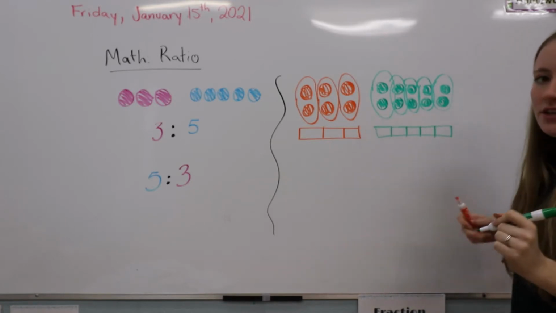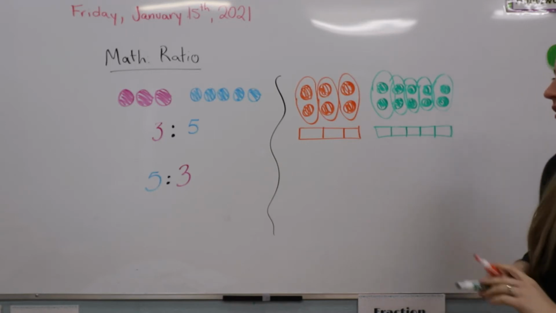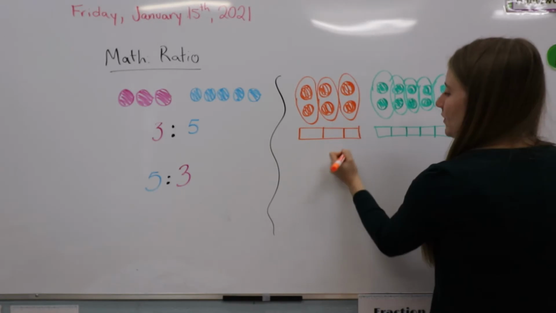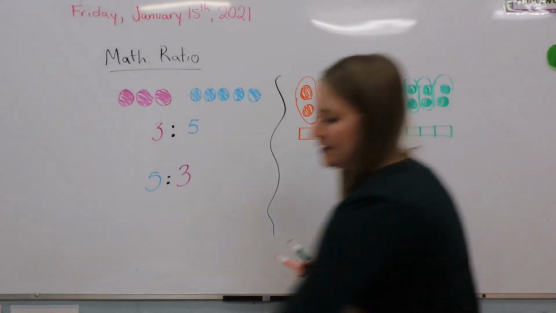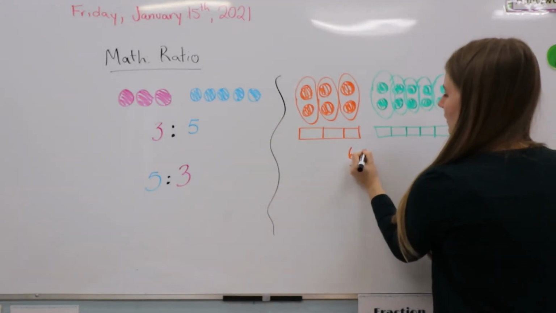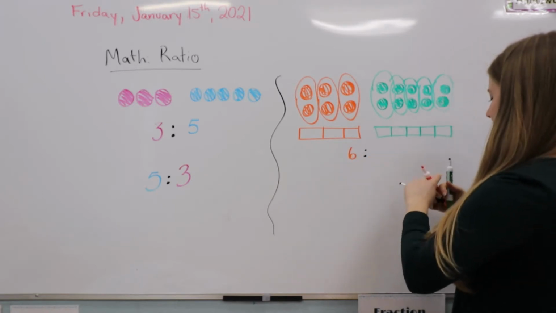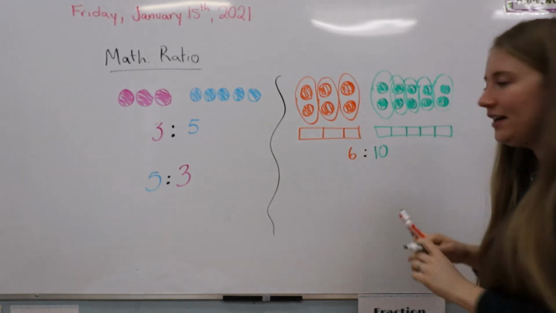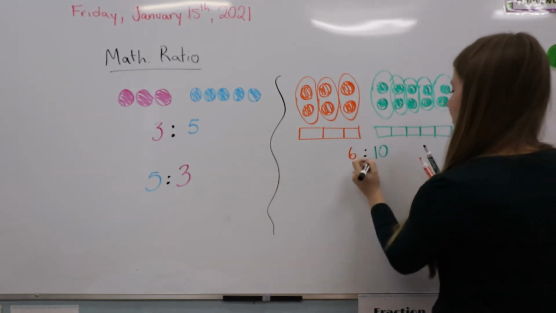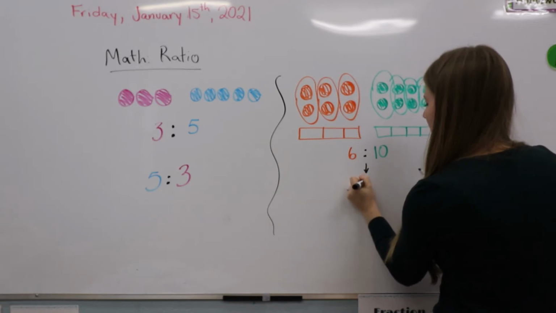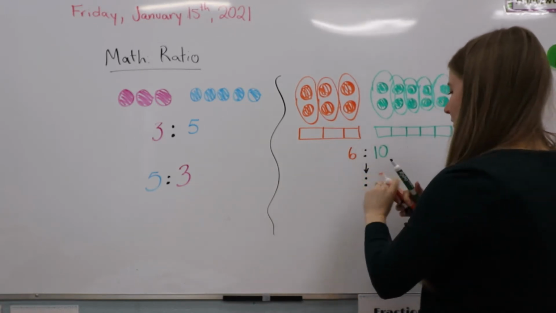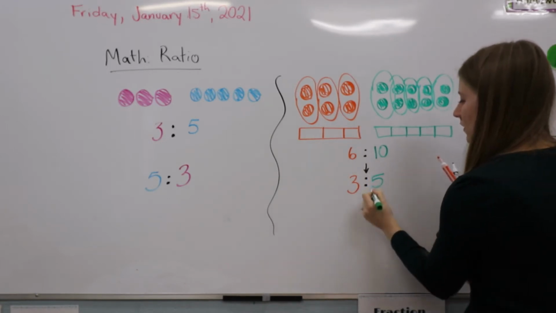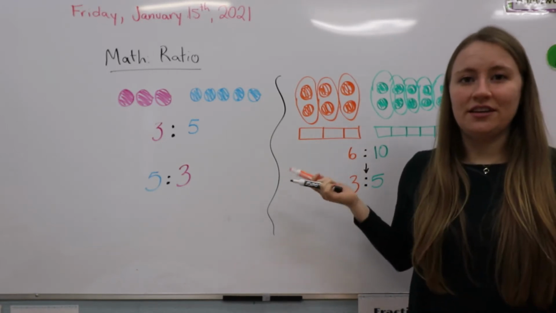groups of 2 counters. Okay, so that means that the ratio of orange to green, while at first it looks like it's going to be 6 to 10, it's actually going to turn into 3 to 5, because we list ratios in their simplest form.